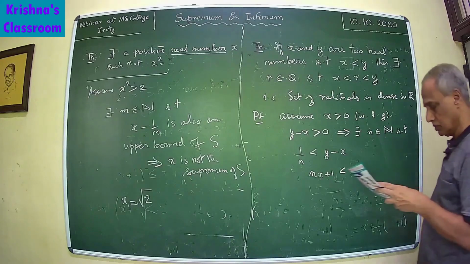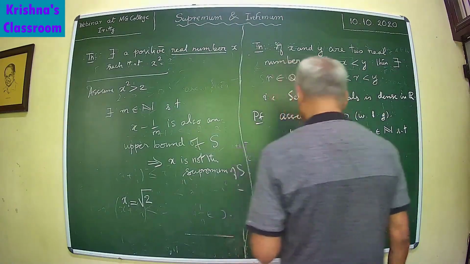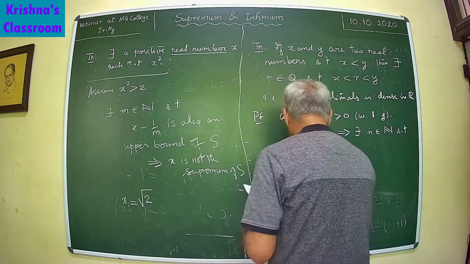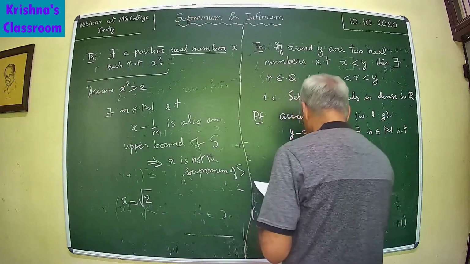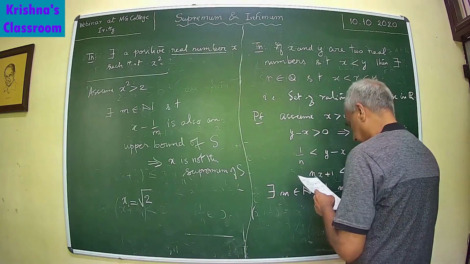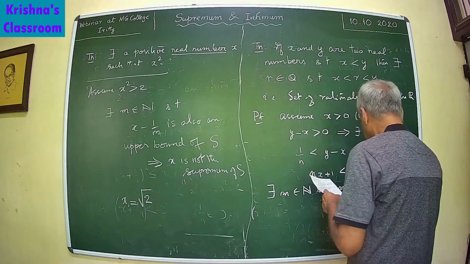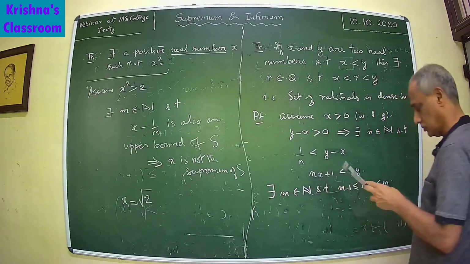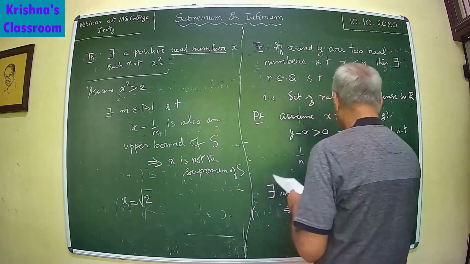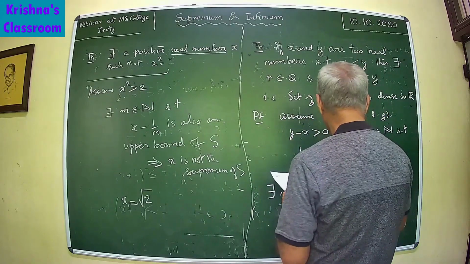Okay. So now there exists an m belonging to N such that m minus 1, that's the one that I said earlier, is less than or equal to nx, less than m. Therefore, m minus 1 plus 1 is nx plus 1.